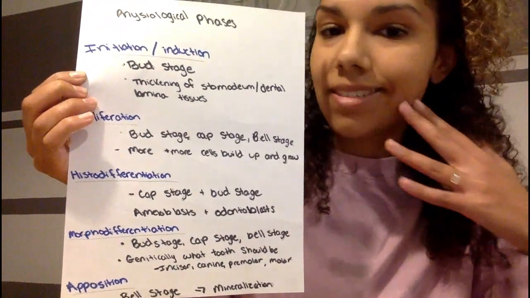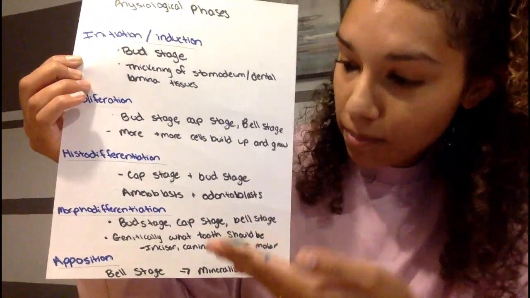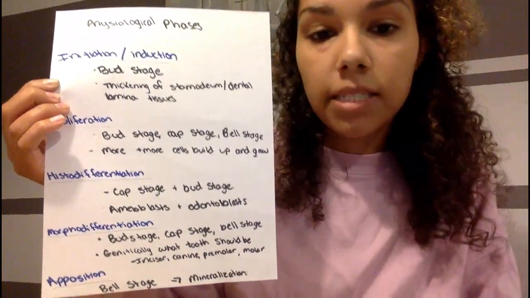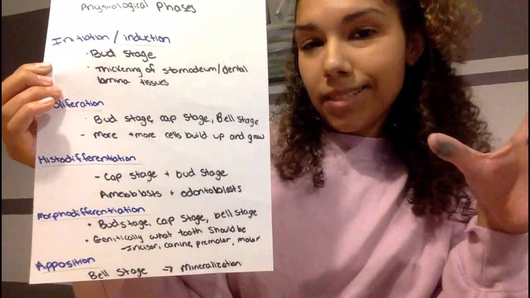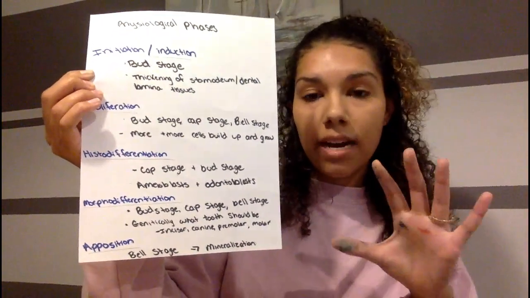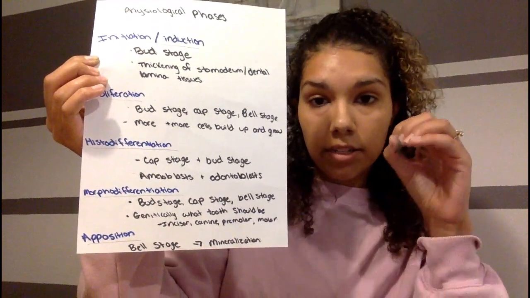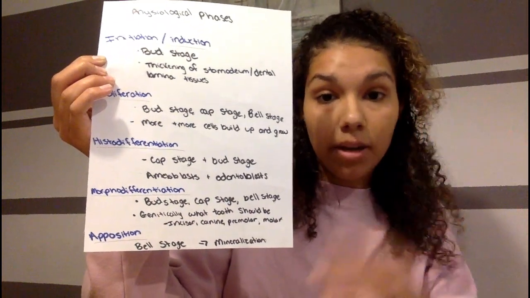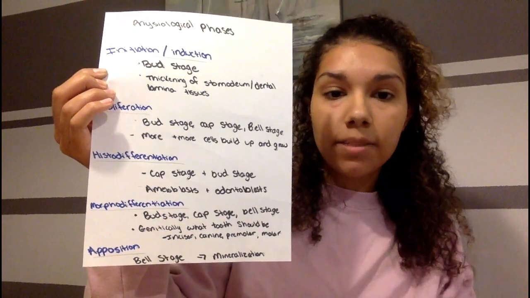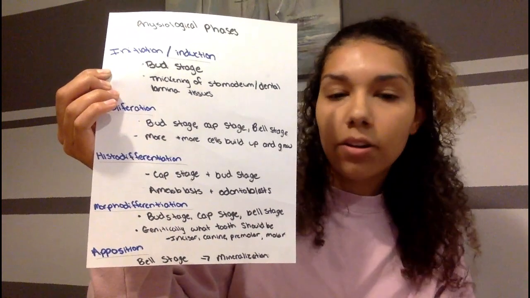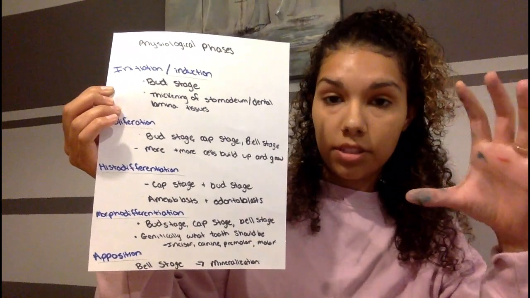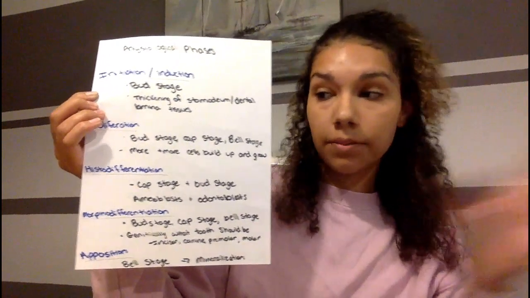It's what it was destined to be. And then apposition, only in the bell stage. It is mineralizing, becoming hardened, mineralized into the tooth. So it's finishing up. Apposition can only happen in the bell stage because that's our last stage, and it continues until the tooth is completely hardened.